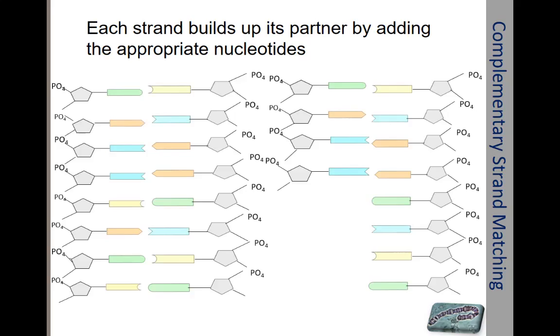It doesn't do the whole thing straight through. It waits a little bit, and then it comes through and does the same thing again. Then you're going to stitch together the phosphates so that you have a continuous sugar-phosphate backbone, and this one looks exactly the same as the one on the left. Okay, so that's essentially how DNA replication occurs.